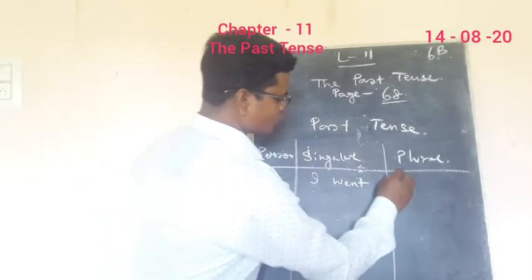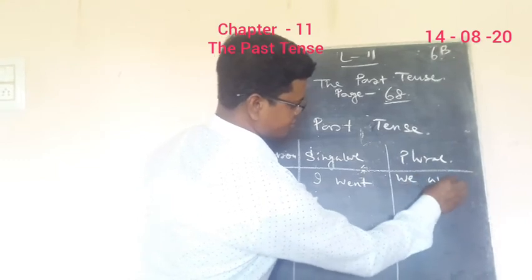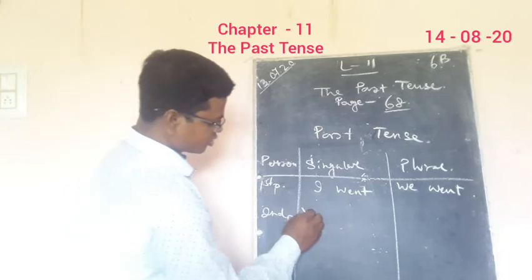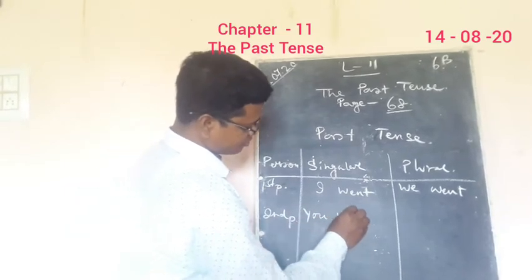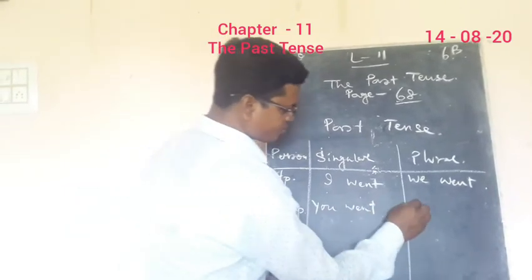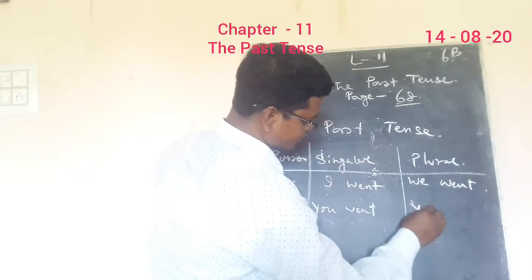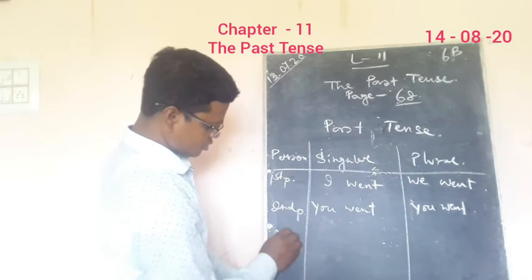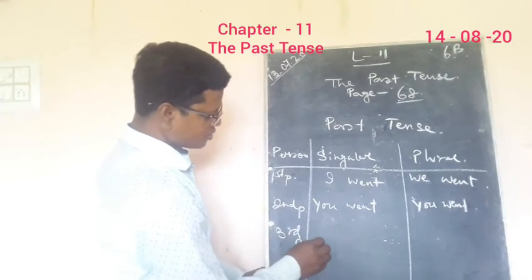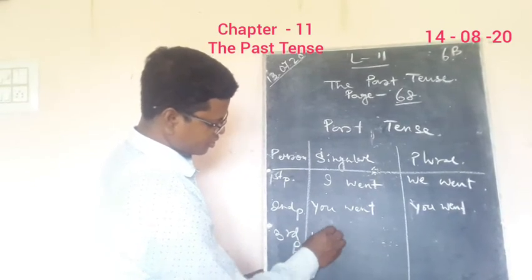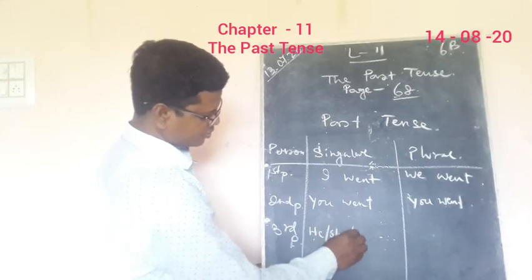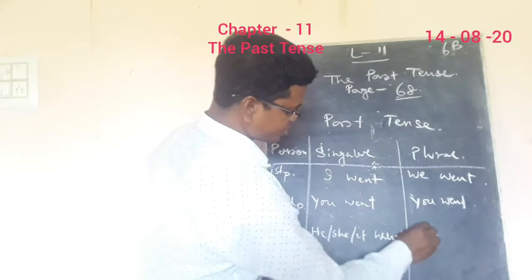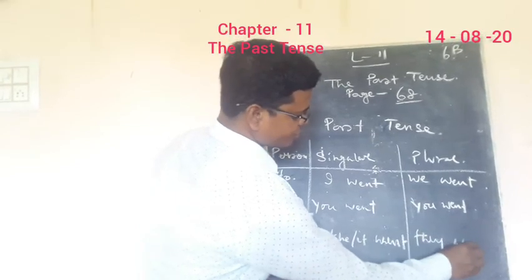First person plural, we went. Second person, you went. Second person plural, you went. Third person singular, he, she, it, went. And third person plural, they went.